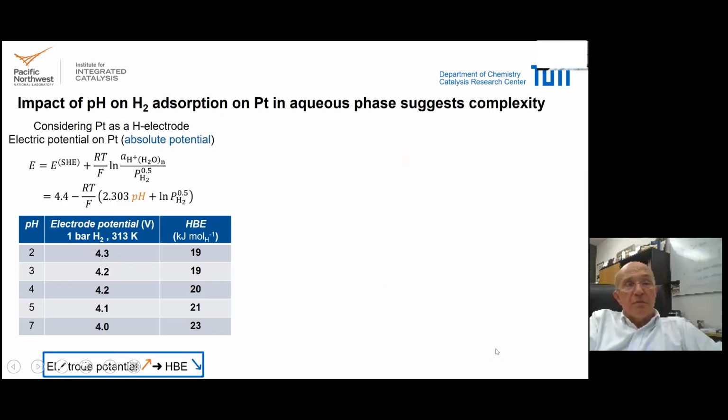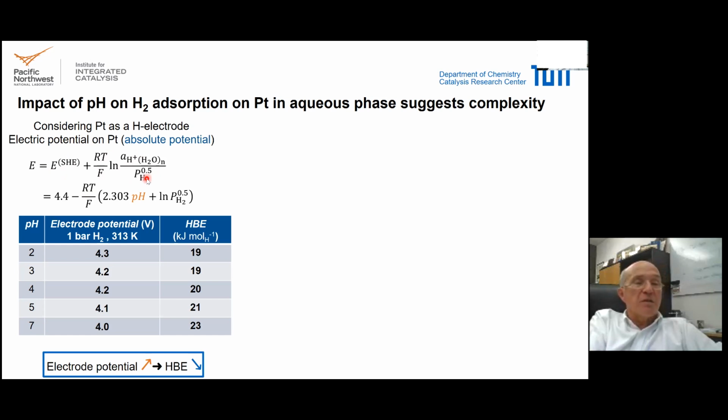There is one more step. If we put a platinum particle in water and we add hydrogen on top of it, this acts as a hydrogen electrode, and we can calculate the potential of that hydrogen electrode, which is the standard potential of the standard hydrogen electrode plus RT over F times the natural logarithm of the activity of protons over the square root of the hydrogen partial pressure.